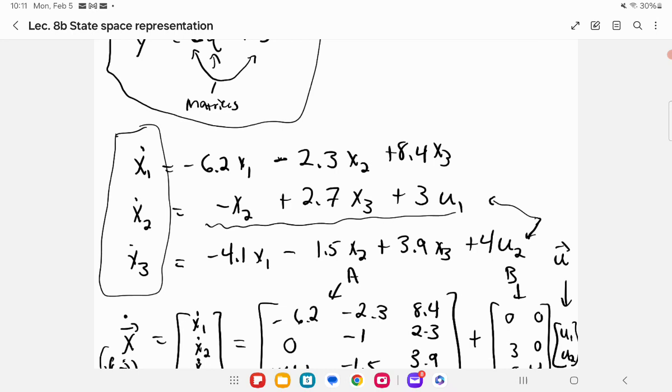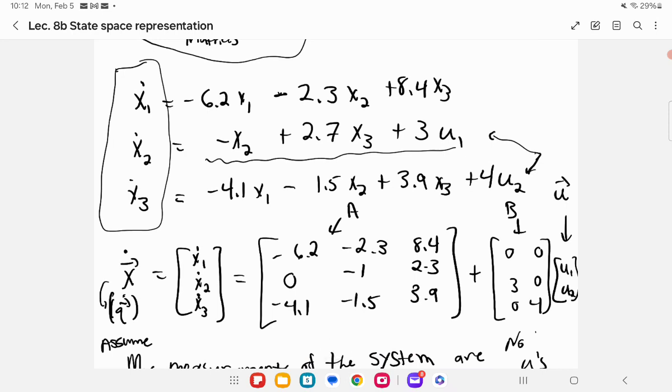We have one input force here that's going in here. And you'll notice that over on the third differential equation that we have, x3 dot, we also have a u2, so we have a different input force going there.